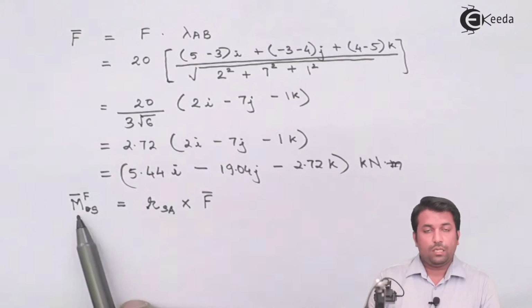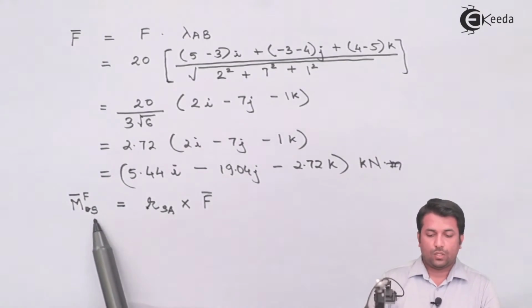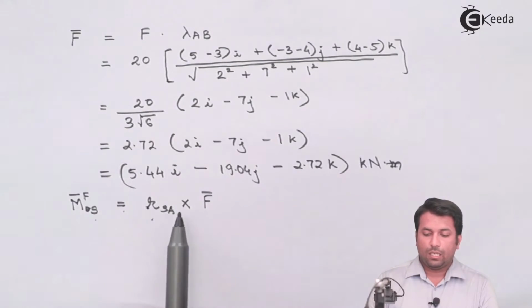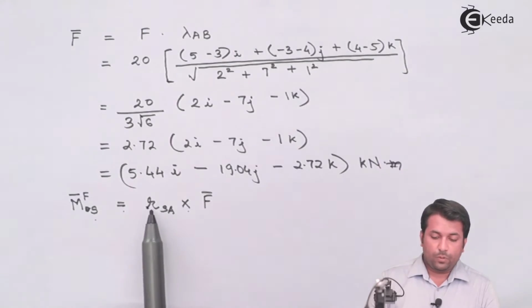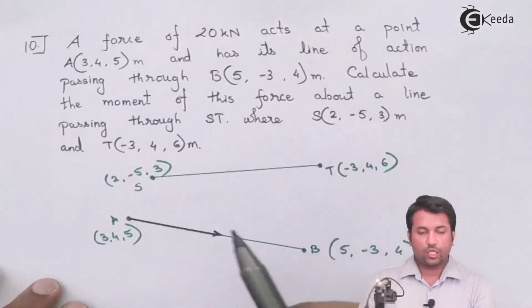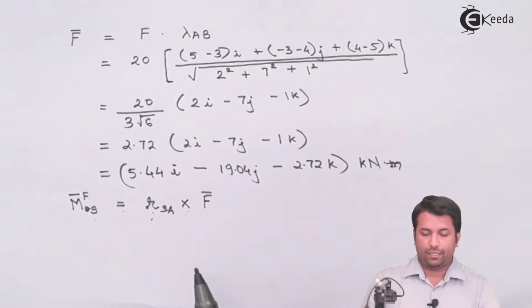I need to find out the moment of the force with respect to S. So that moment vector is nothing but the cross product of the position vector from S to A and the force vector.